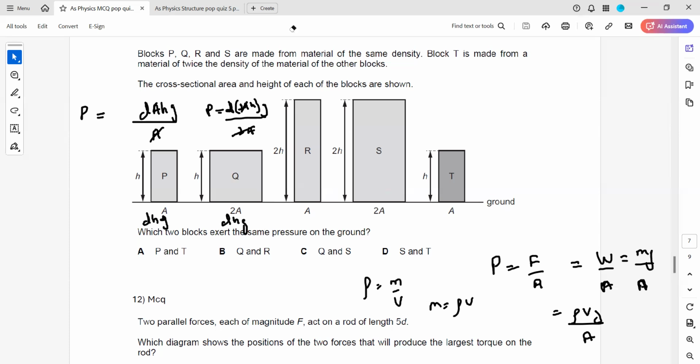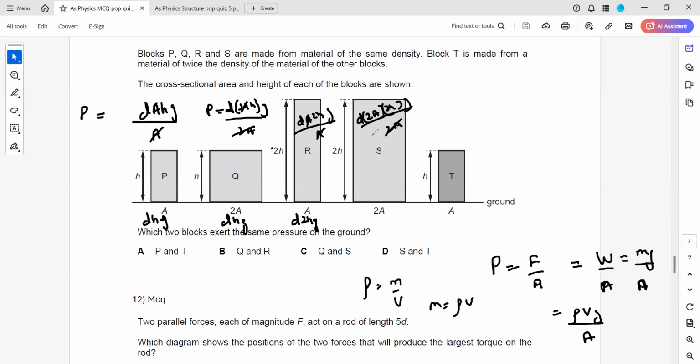When we check this third one, the R, the density is D, the area is A, and the height is 2H, times gravity divided by area A. Area will cancel with area. So the pressure exerted is density times 2Hg. What about S? The density is D, the area is 2A, the height is 2H, times gravity divided by area 2A.